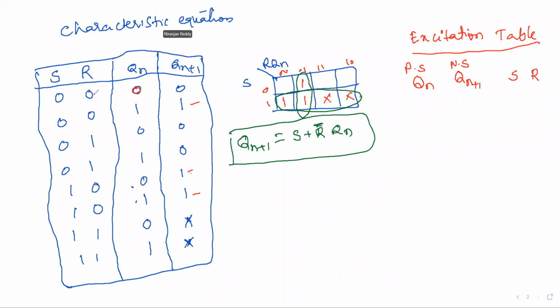Now S is equal to 0, R is equal to 0, you have taken and you analyze the circuit, and what you are getting is 0. And S is equal to 0, R is equal to 1, and you are considering Qn is equal to 1. You analyze the circuit, you are getting again 1. So this is the present state, and I call this the next state, right? So now here, what I have to do is make a table. This table you have to remember.